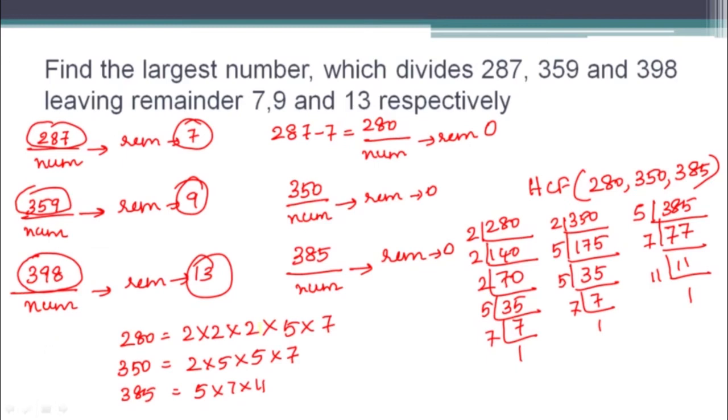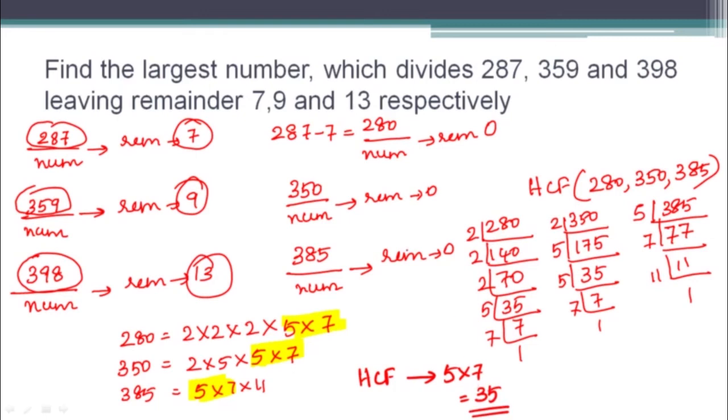Now, which prime factors are common? In all of these three numbers, 5 multiplied by 7 is common, so the highest common factor of the given numbers is 5 multiplied by 7, which is equal to 35.